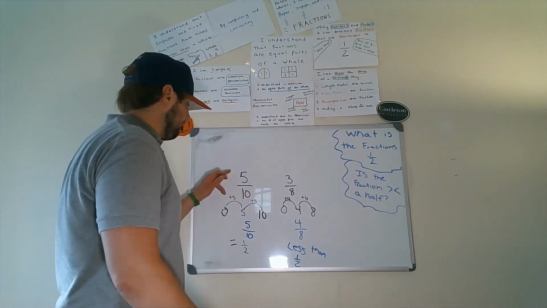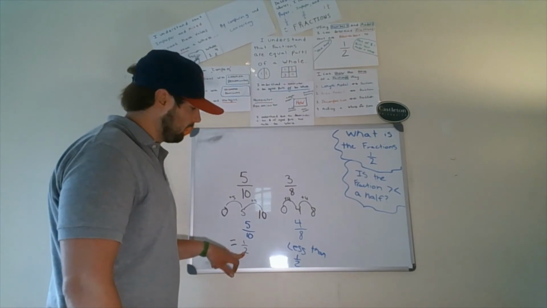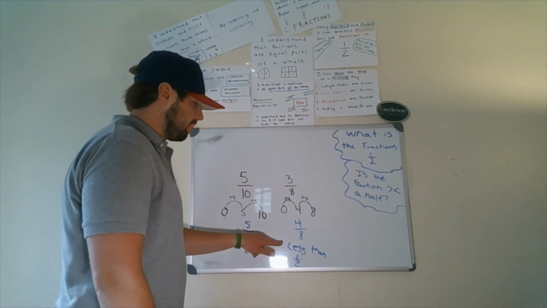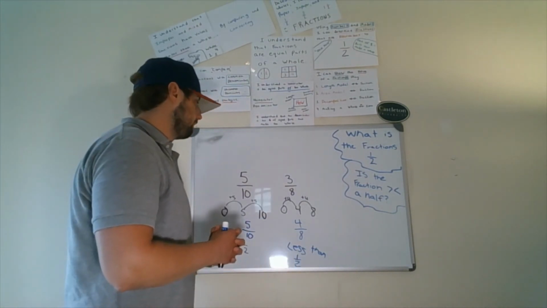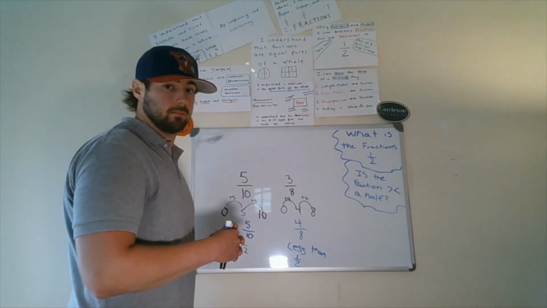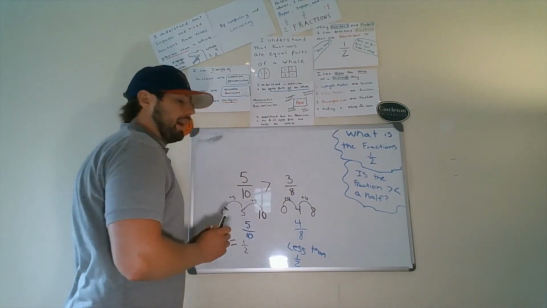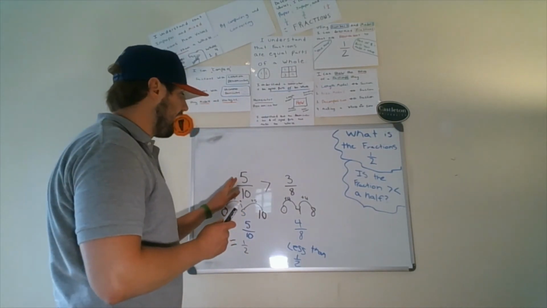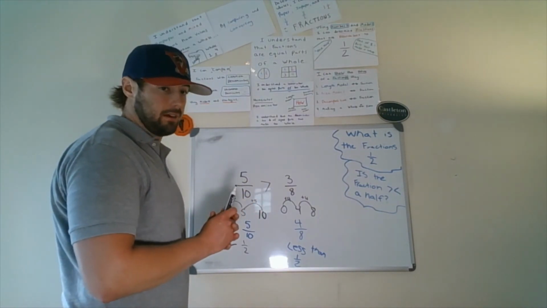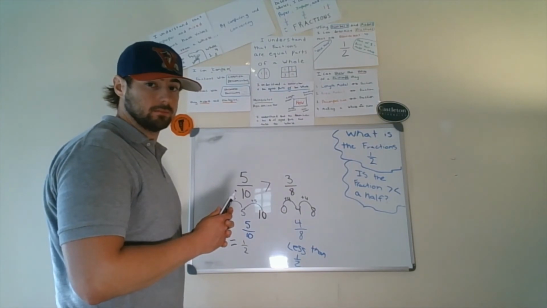Guys, if 5/10 is equal to a half, it's exactly half, and 3/8 is less than a half, which is greater? Five-tenths. 5/10 is a half. 3/8 is less than a half. 5/10 is greater than 3/8.